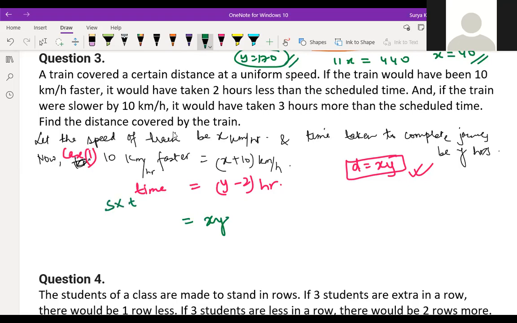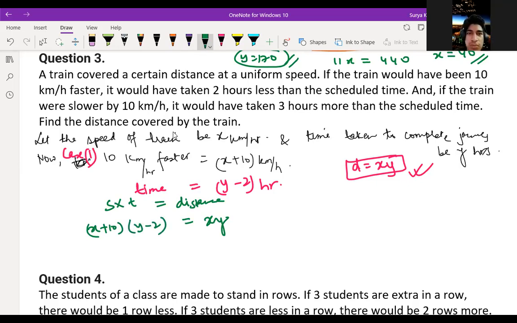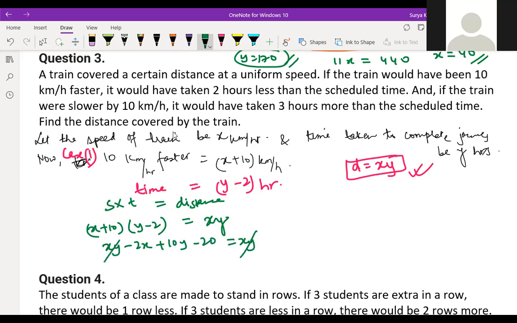Speed is x plus 10 and time is y minus 2. If you multiply, then xy minus 2x plus 10y minus 20 is equal to xy. The xy will get cancelled, so you can write minus 2x plus 10y is equal to 20. This is the first equation, right?